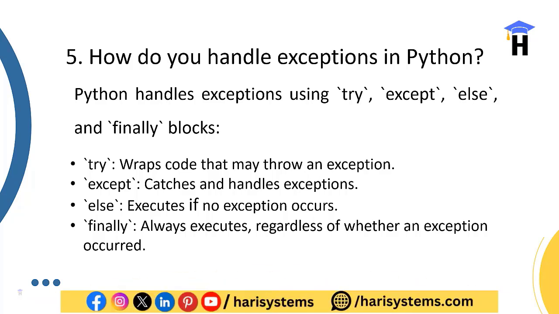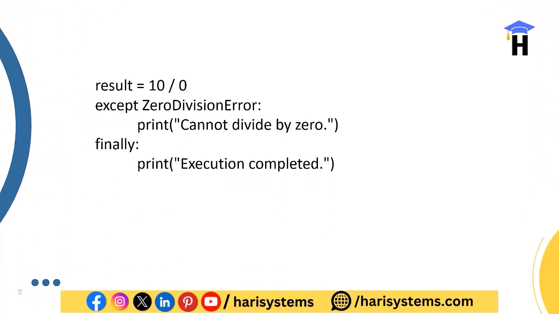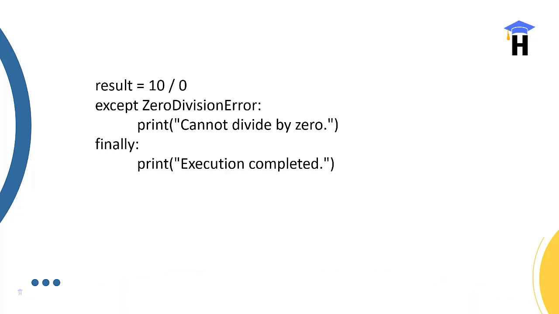So this is the way to prepare the block of code. You won't see any errors on your page at the client end while the application is running. For example, for a result, some number is not going to be divided by 0. So a ZeroDivisionError will be raised, cannot divide by 0. Finally, the message execution completed. You will see these messages without an error.